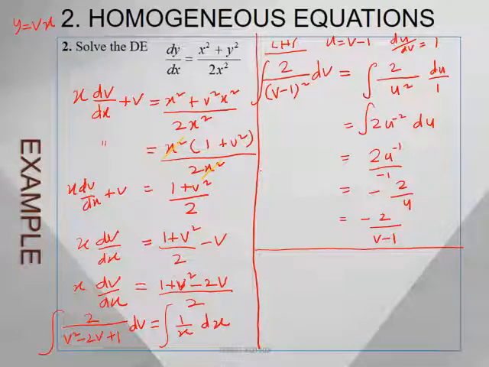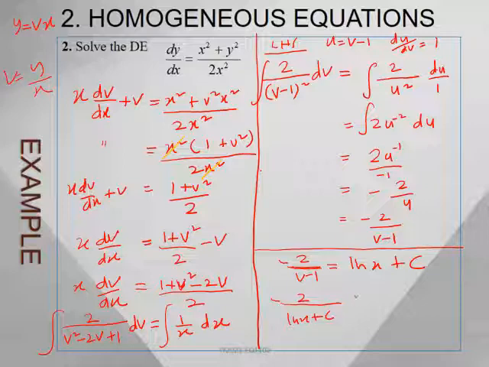So we equate them together: negative 2 divided by (v minus 1) is equal to, integrating 1 over x, ln x plus c. So we can substitute v equals y over x.